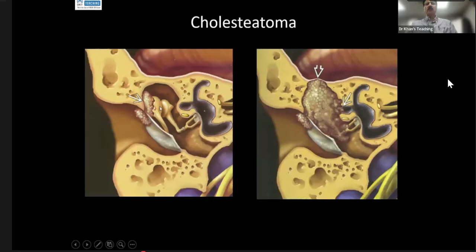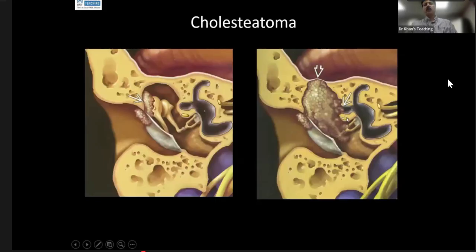But then there can be pars tensa cholesteatomas also. It can be in other parts of the middle ear cavity. They can be very large. Look at this example where it has eaten up everything. And look at this tegmen tympani, which is eroded. Lateral semicircular canal is eroded.